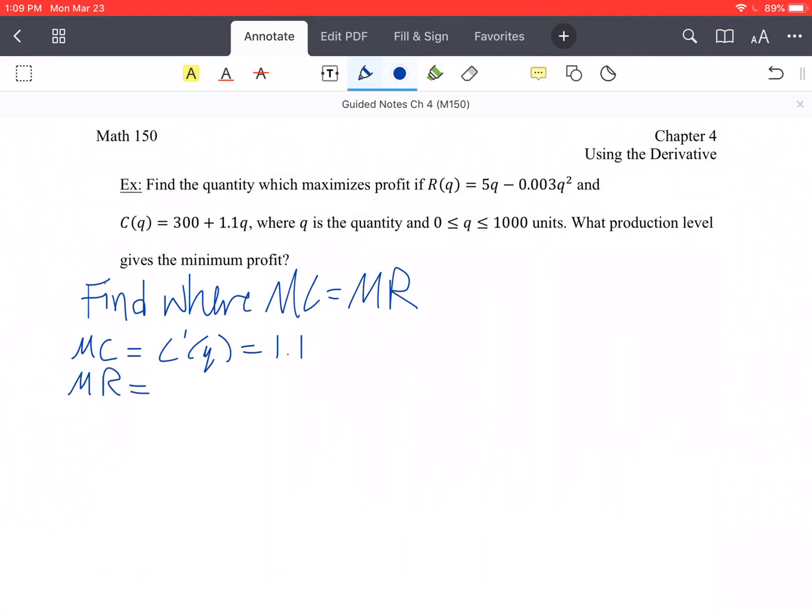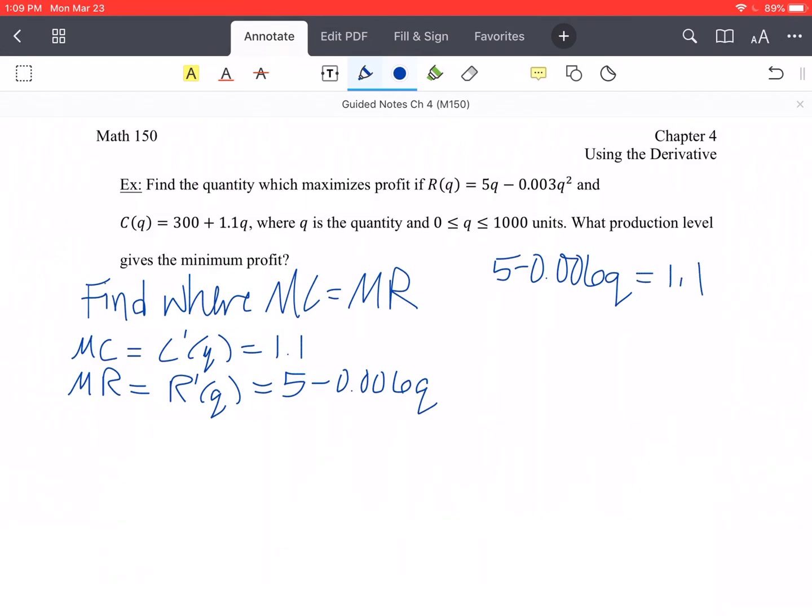And marginal revenue, that's R prime of Q. That's going to be 5 minus 0.006 Q. So if we set these equal to each other, 5 minus 0.006 Q equals 1.1, we get 0.006 Q equals 3.9.